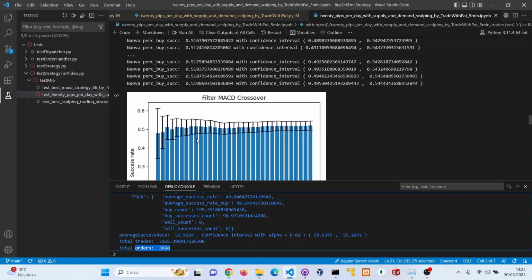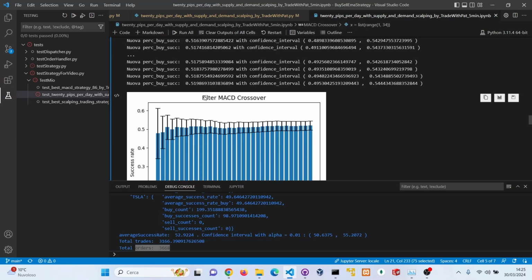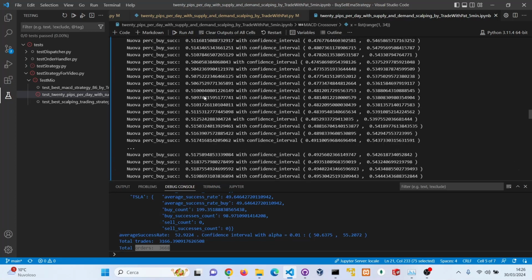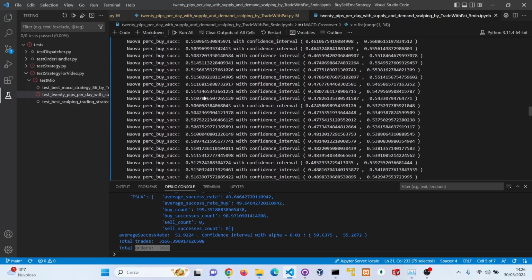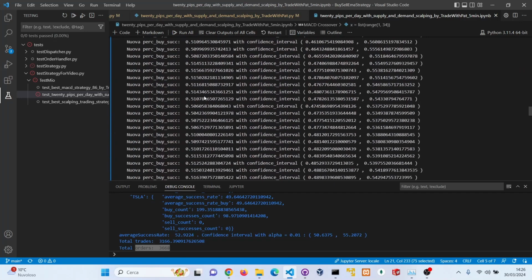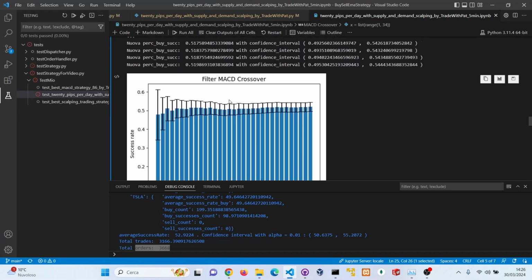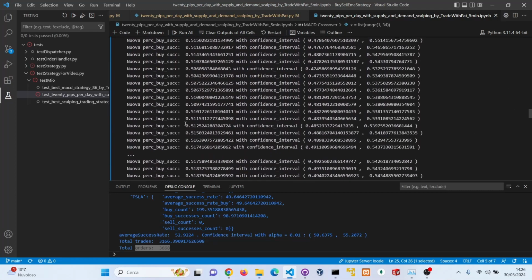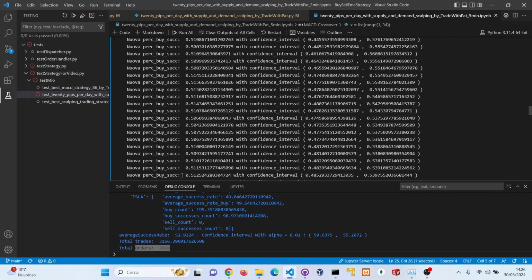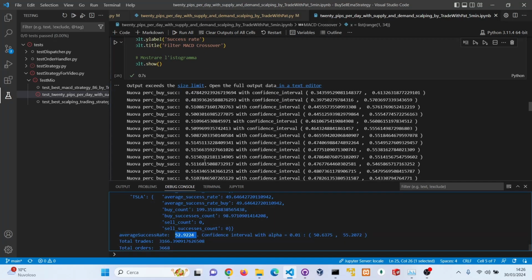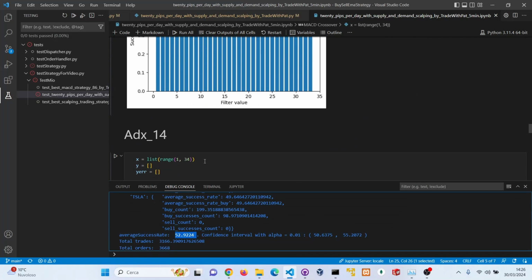I tried to set a filter on the MACD crossover, trying to find a crossover in the MACD in the last candles, where the interval of the last candles always changed, and this value is on the x axis, but the new average success rate was always lower than the success rate of the basic strategy.